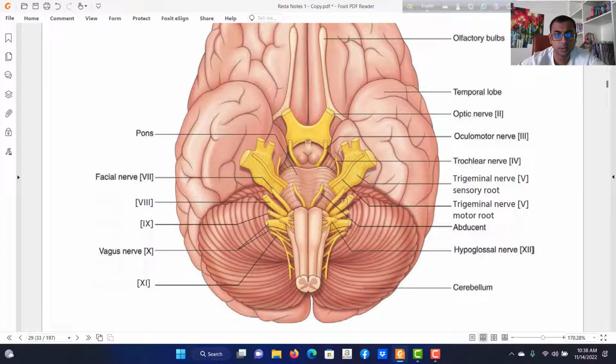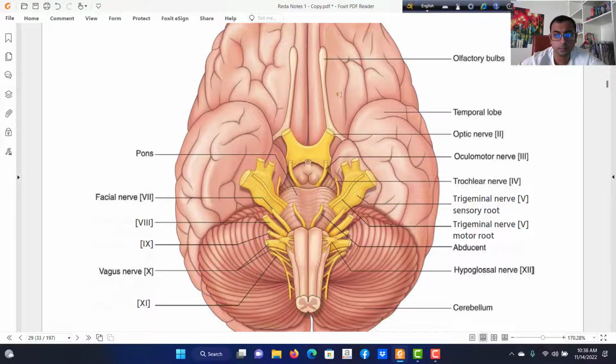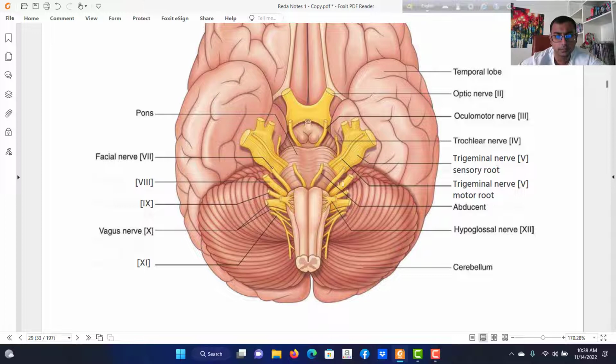So these are the brainstem and its components, which come from different roots of nerves: optic, olfactory bulb, oculomotor, and trochlear, then trigeminal. The trigeminal nerve root is huge, distended, very wide.